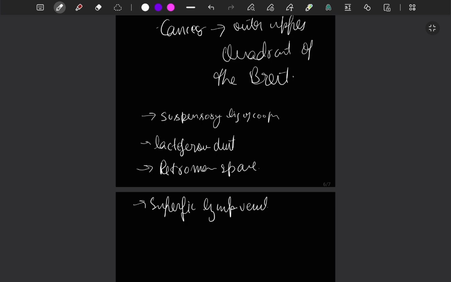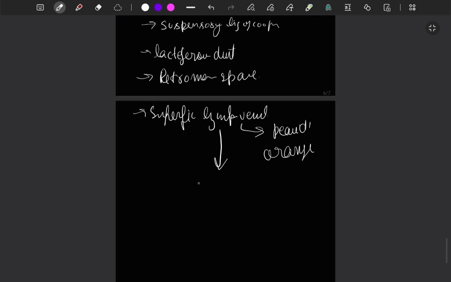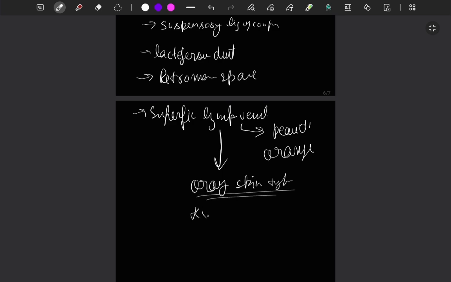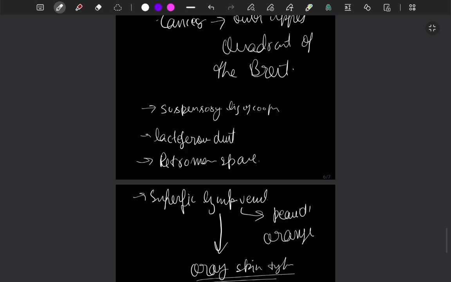If they accumulate in the superficial lymph vessels, they cause peau d'orange, because it gives an orange skin type texture to the breast.